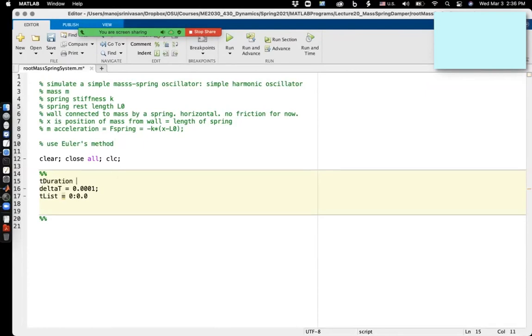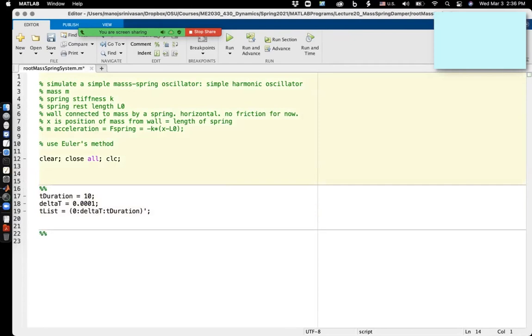Let's make it oscillate for 10 seconds or so. And then basically we create a vector from 0 to t duration in steps of delta t. So we've just done that. This is still a row vector. Let me just make it into a column vector there. Okay, that's good. That's a good start.